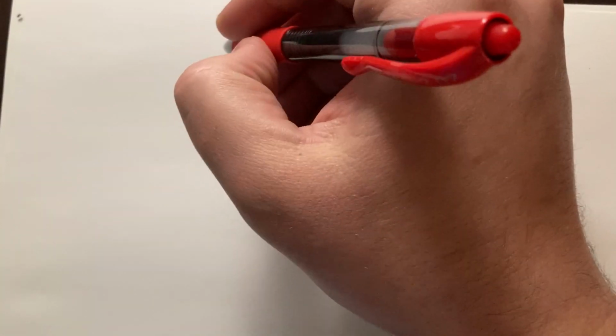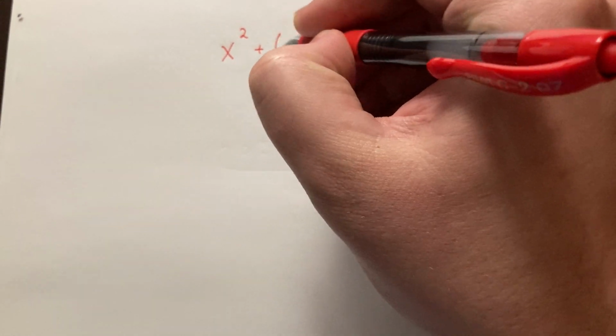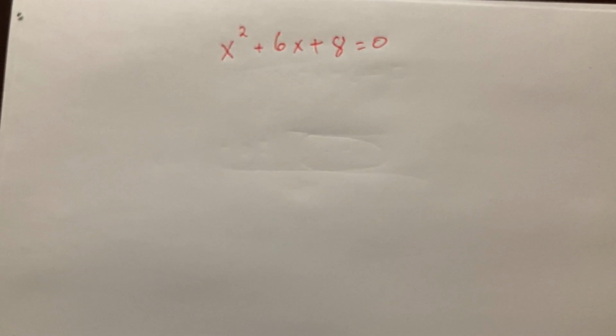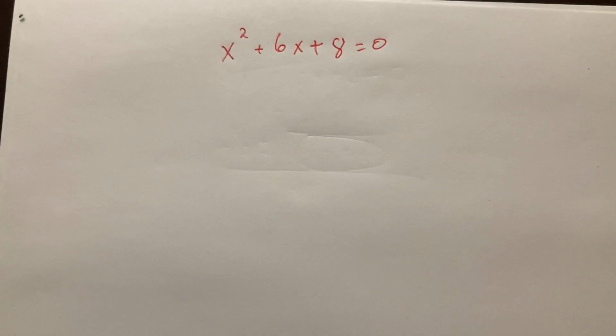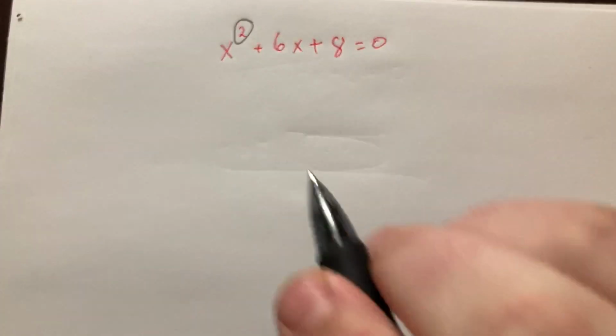All right, here we go. Let's say that you're walking in the wild, and bam, there is a quadratic equation: x squared plus 6x plus 8 equals 0. Quadratics, of course, are defined by the key feature, this square right here, being the highest exponent. Now, obviously, we could just factor this.